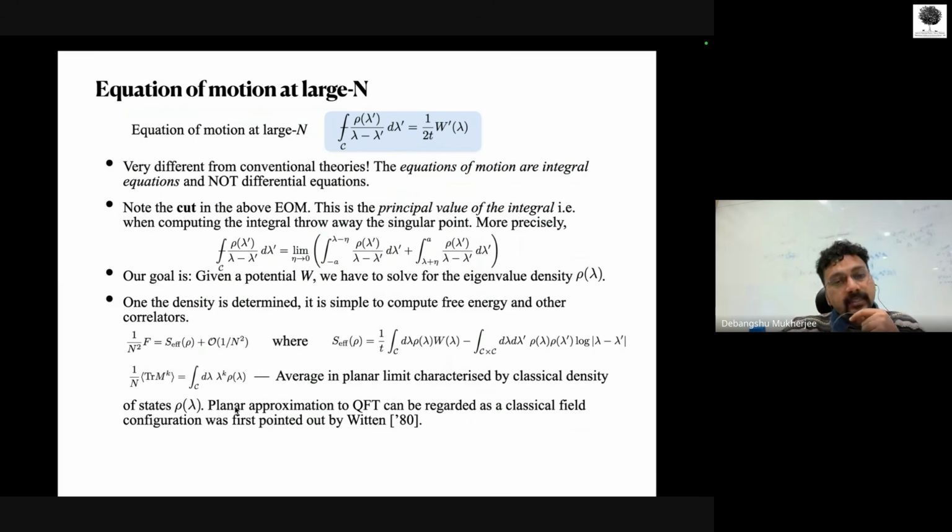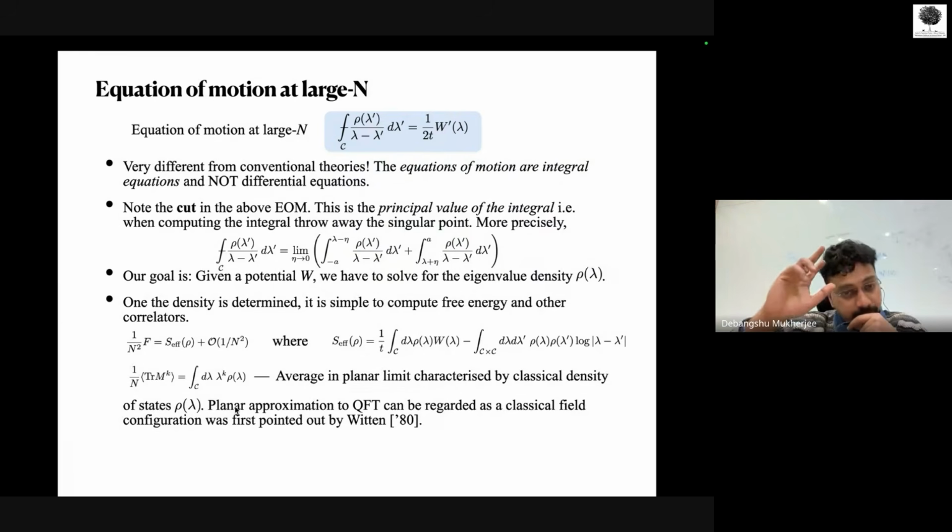And this fact, that the planar approximation to QFT, that is diagrams, so we did not have any higher-genus cut or anything like that, we were looking at things that are planar versus non-planar, the fact that the planar approximation to QFT can be regarded as a classical field configuration, actually goes back all the way to Witten's work in '80, and he was the first person who pointed this out.